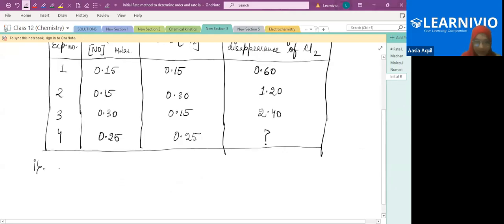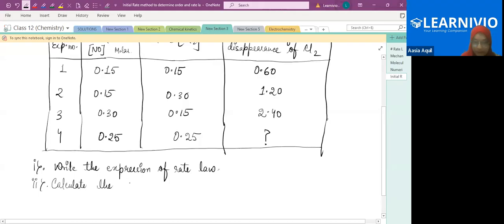The first question is, write the expression of rate law. The second question is, calculate the rate constant and order.